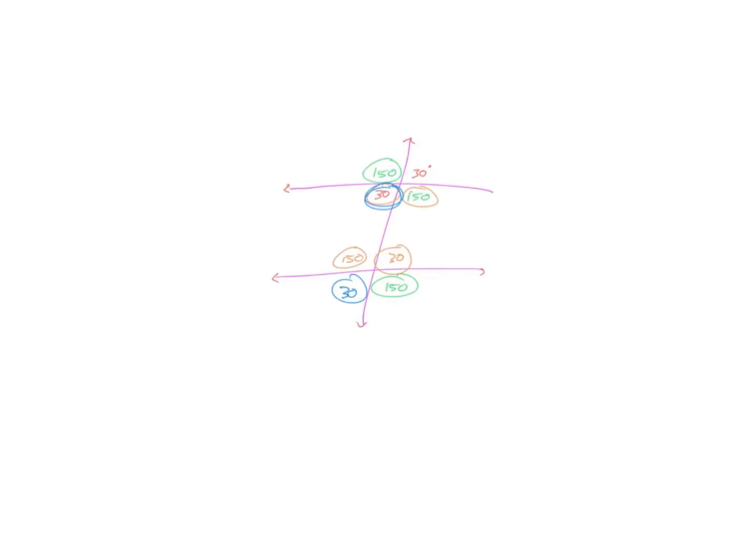Now, the one thing I didn't bring up, which we should talk about real quick, is that sometimes you will see the parallel lines as vertical lines and the transversal as a horizontal line like this. Now, everything stays the same. You still have your alternate interior angles. It's just you're looking at a rotated figure.